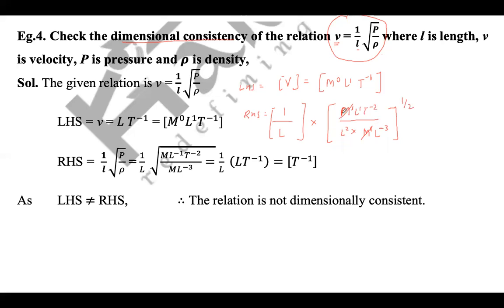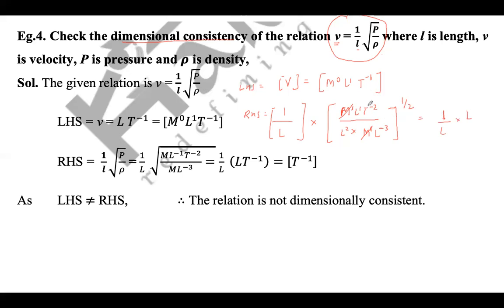So force per unit area है, so m1 L minus 1, this will become minus 3 and this is 2, this is minus 1. When it goes up, it will become 1 by L into this L square raised to the power 1 by 2, right.